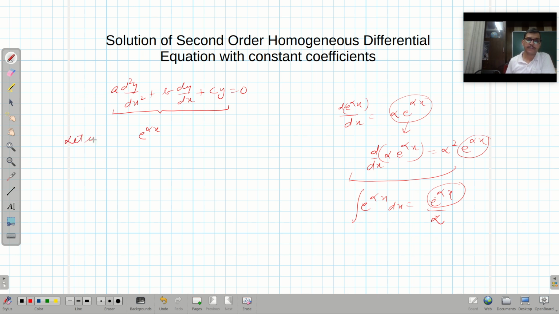So let us consider that y is equal to e raised to power alpha x. It's an exponential function, and let it be the solution of the given differential equation.